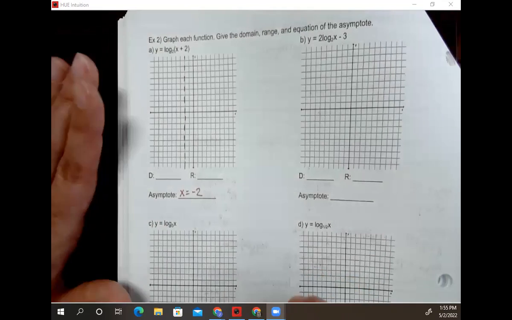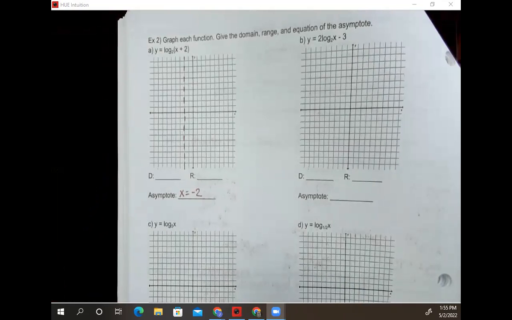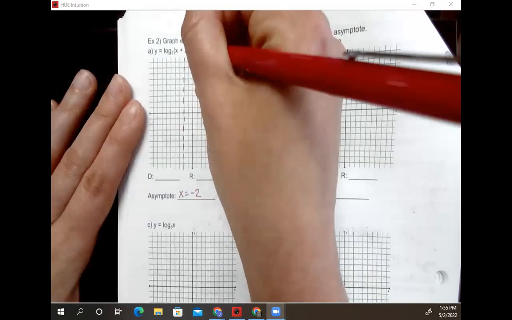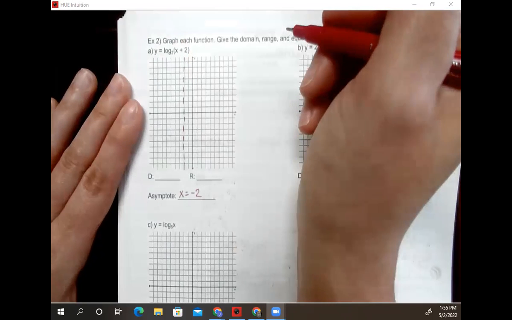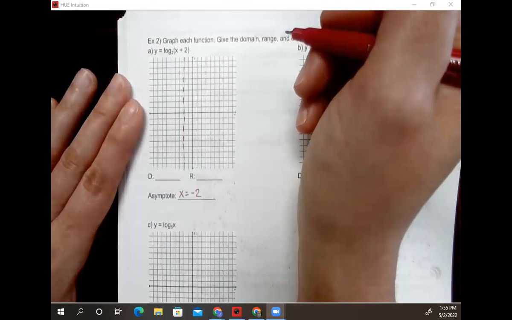And just how when I graphed exponential functions, I started by graphing the asymptote, I'm going to do the same thing here. Now here's where I'm going to differ. For logs, I personally find it a lot easier to graph a log when it's written like an exponential function.